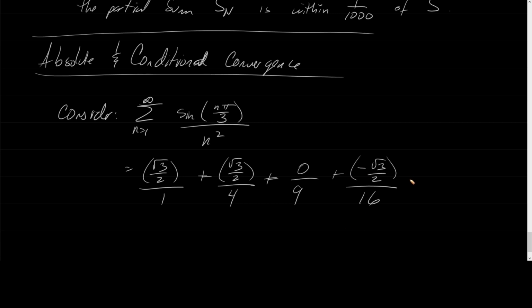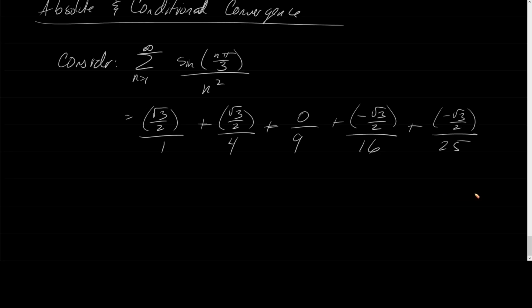Fifth term, sine of 5 pi over 3 is negative radical 3 over 2, over 25. Sixth term, sine of 6 pi over 3, which is sine of 2 pi, the same as sine of 0, which is just 0, over 6 squared, which is 36. So on and so forth.